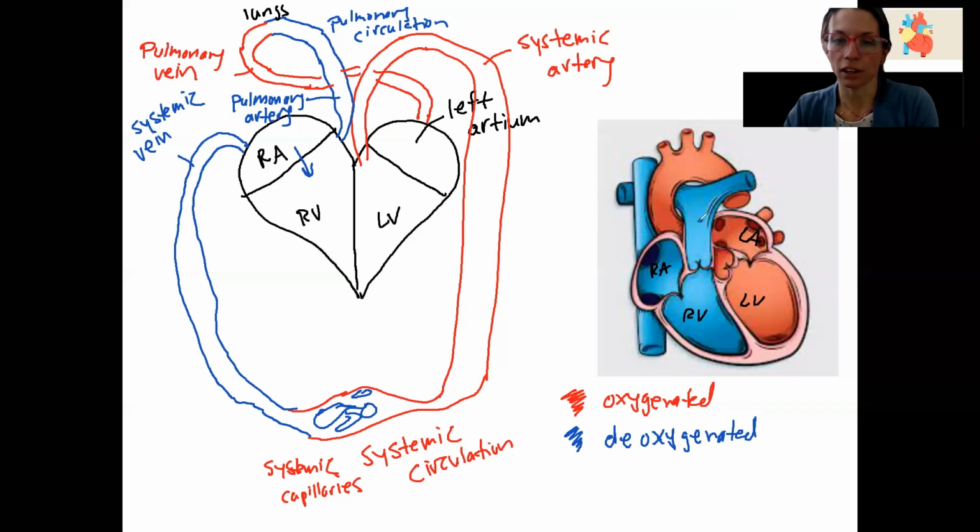Pulmonary artery right here. It has a branch, it's actually called the trunk. Here is our aorta. It's going to the whole body. What are these things? These are the pulmonary veins coming from the lungs and carrying oxygenated blood to the heart.